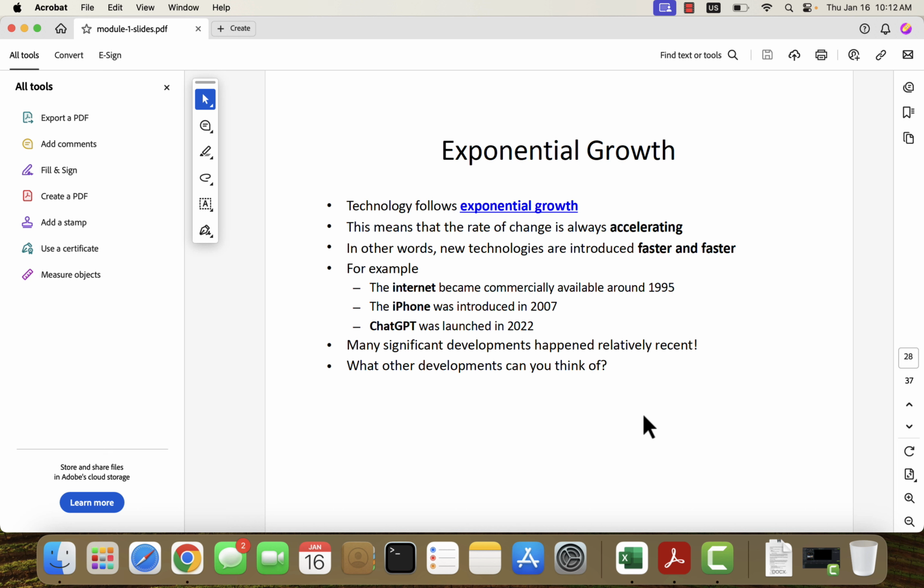Obviously, the concepts stay because everything is based on concepts, theories, mathematics. But the applications changed. For example, the internet became commercially available around 1995. iPhone was introduced in 2007. ChatGPT was launched in 2022.